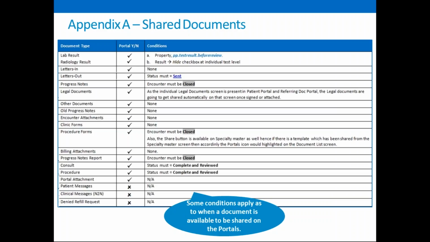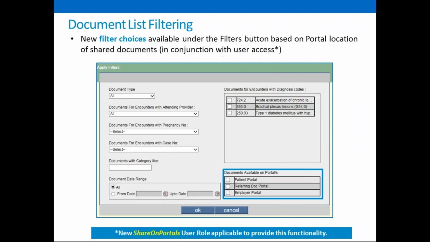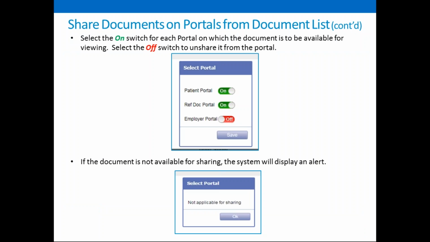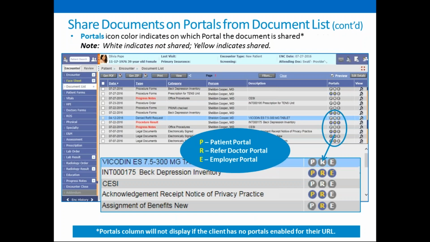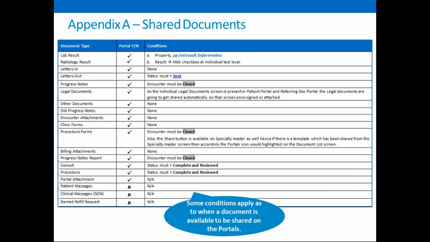And this is an appendix that tells you the conditions as to if a document can be shared or not and when it is not applicable. For instance, op notes and procedure progress notes, you will get this not applicable error if the encounter is open. But once the encounter is closed, it will be shareable. So there are sometimes conditions like that.